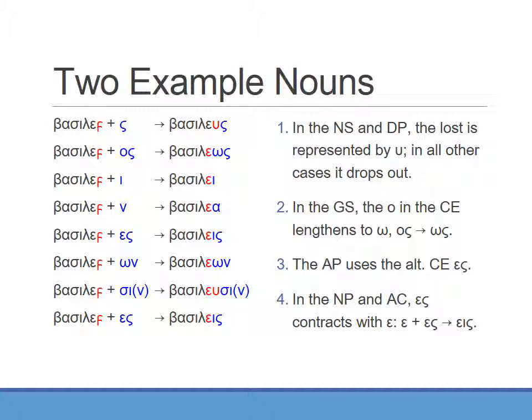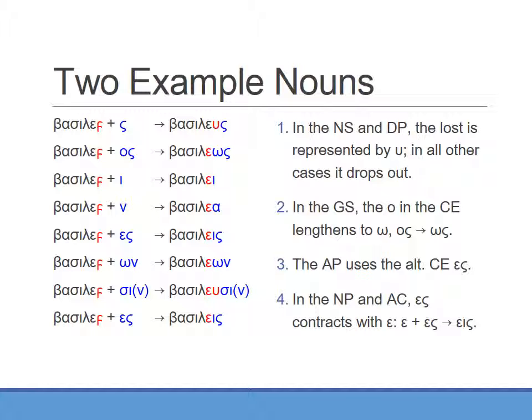You will see that in 2 forms, namely the nominative singular and the dative plural, the original digamma is represented by upsilon. So basileus and basilusi represent the lost digamma as upsilon. Why those 2 specifically? Well, they are the only 2 forms that have case endings beginning with a consonant.